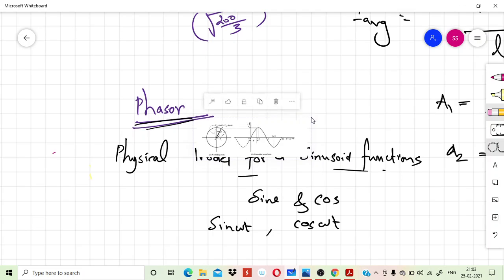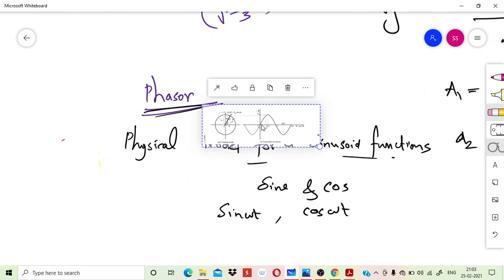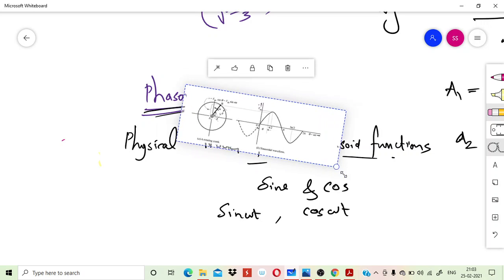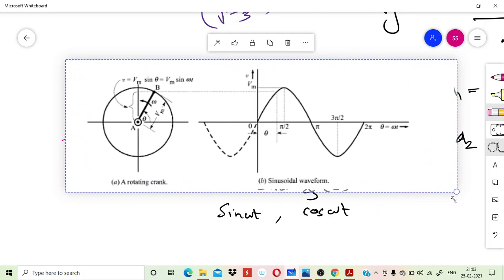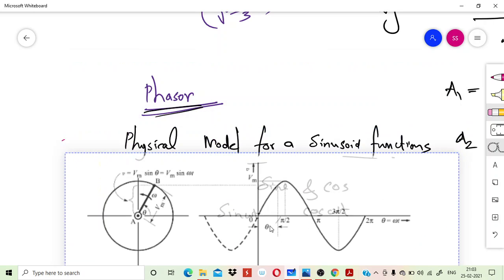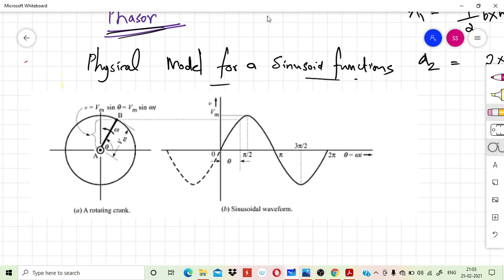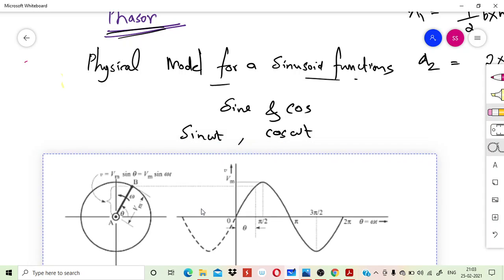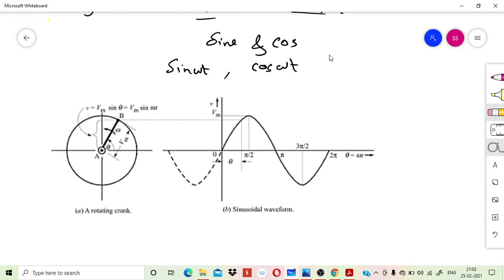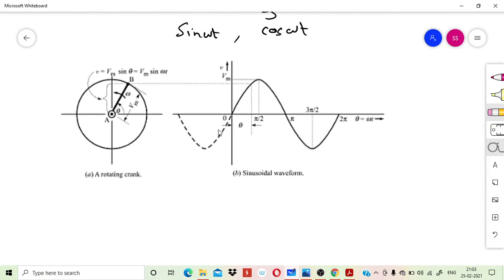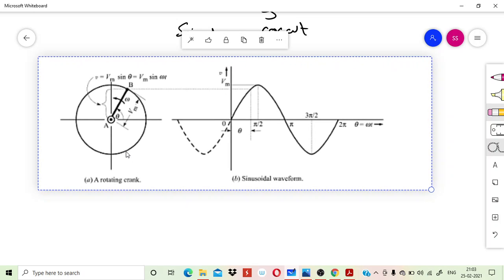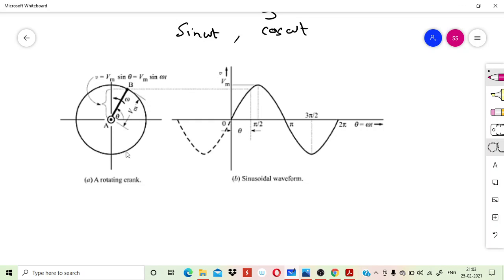Let me consider this figure. In this figure, I have a crank like this. This is my crank. AB is my crank or rod.